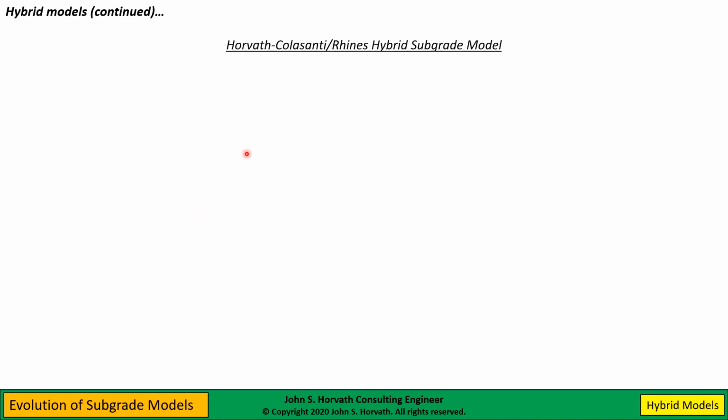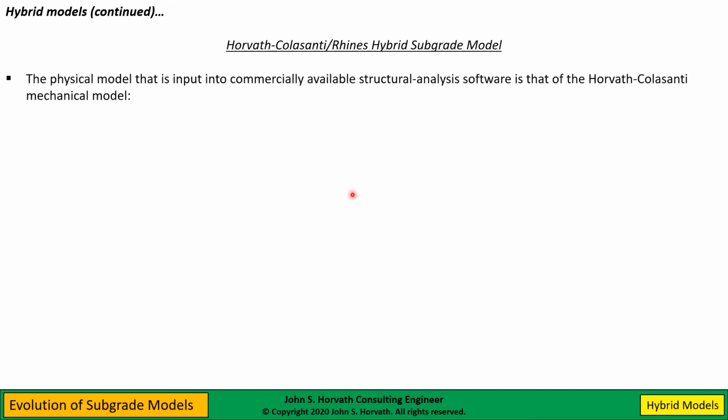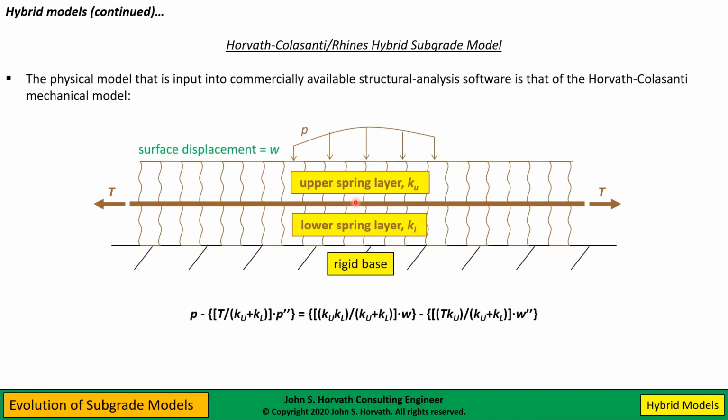So what are the basics of this hybrid subgrade model? Well, the physical model that you put into commercially available structural analysis software is pretty straightforward. You've got 2 spring layers, we call them upper and lower spring layers, and you've got a tension membrane.